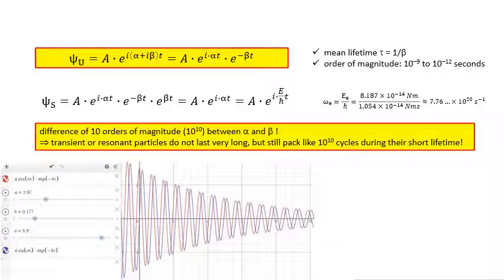So you can see the alpha and beta parameters generally will have that kind of difference in their order of magnitude, 10 to the power 10. One is 10 to the power minus 9, 10 to the power minus 12, and the other for electrons. Electrons are actually not very massive. A proton has much higher frequencies, much more massive, higher energy, higher frequencies. But that's sort of the order of magnitude.